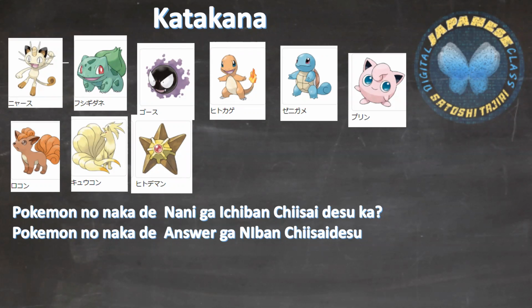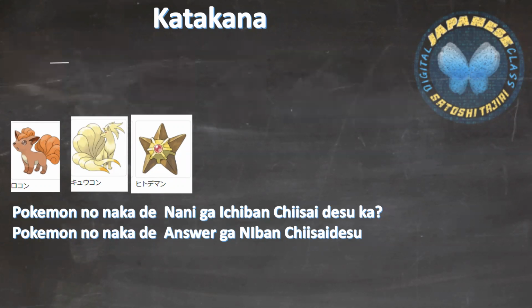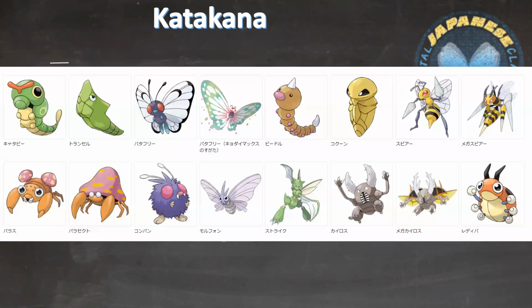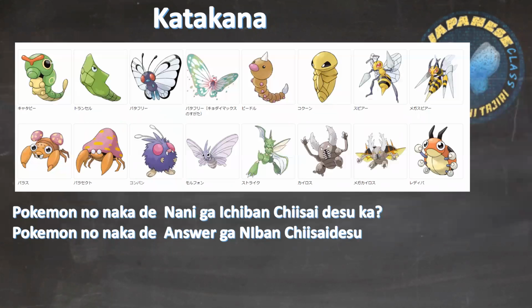Let's have a different category. How will you ask, among all the insect Pokemon, which one is the strongest? How to say that? Among all the insect Pokemon, which one is the strongest?